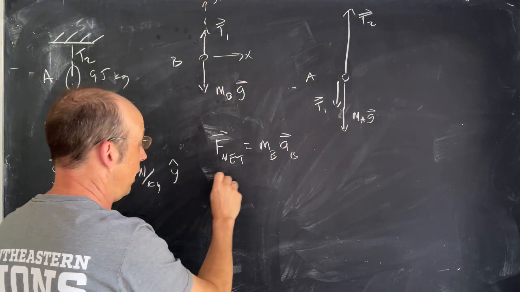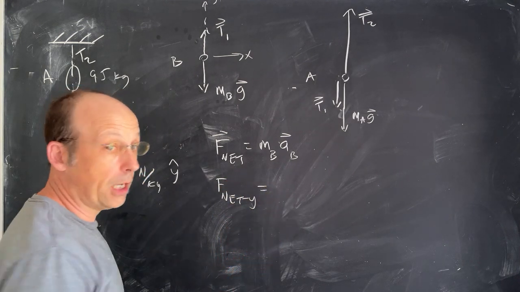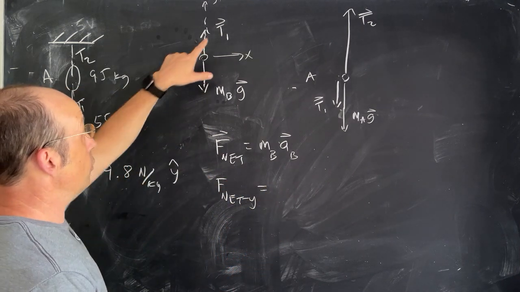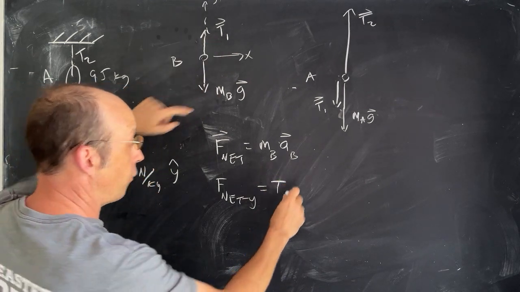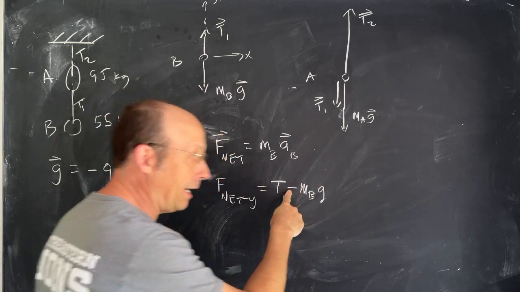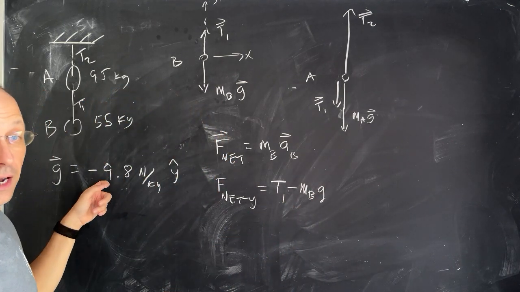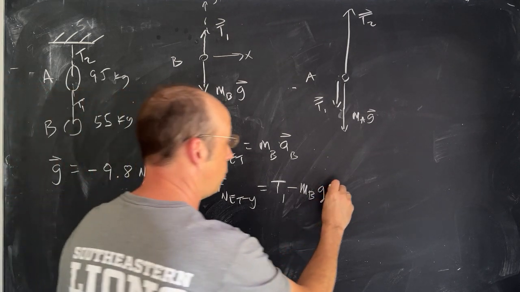So I can actually write this as F net Y. The Y components of forces is going to be equal to the tension pulling up, T1, the gravitational force pulling down, minus m_B g. Notice it's minus now because it has a minus Y component in that force. And that would be equal to 0.